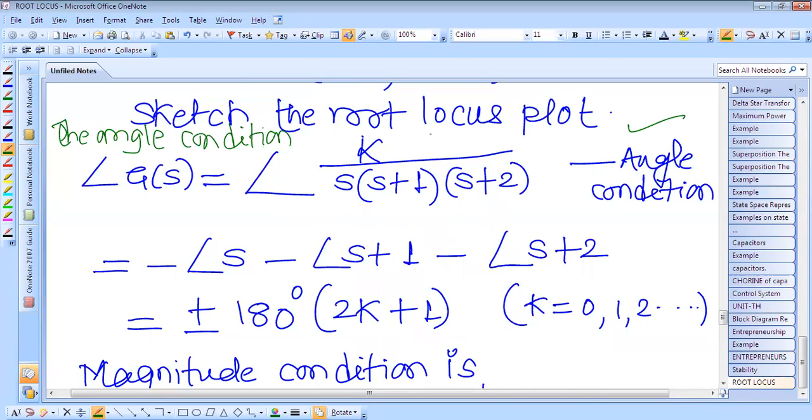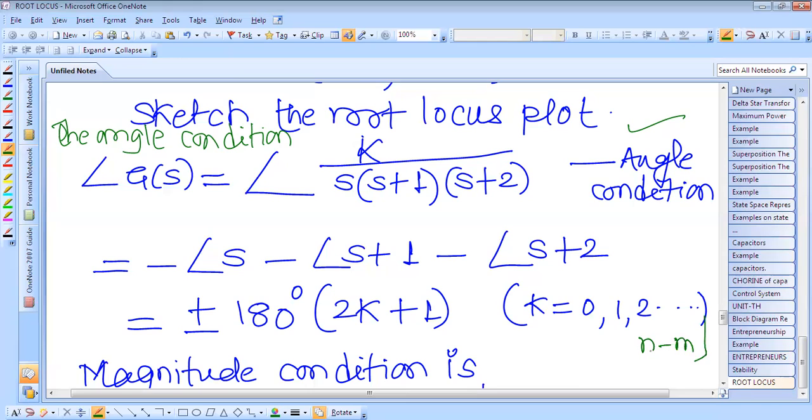There are no open loop zeros, only 3 open loop poles, at s = 0, s = -1, and s = -2. So the angle condition is: minus angle of s, minus angle of (s+1), minus angle of (s+2), equal to plus or minus 180 degrees times (2k+1), for k = 0, 1, 2, up to n minus m.